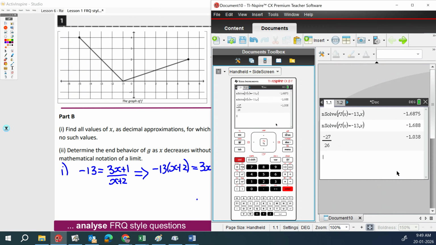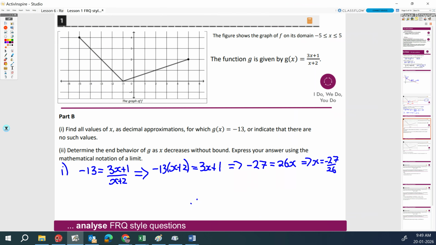Oof. Did I get something wrong? The answer could be wrong here. Let's see. What did I do? Oh, I see what I did. I did too many steps in one go from here to here.